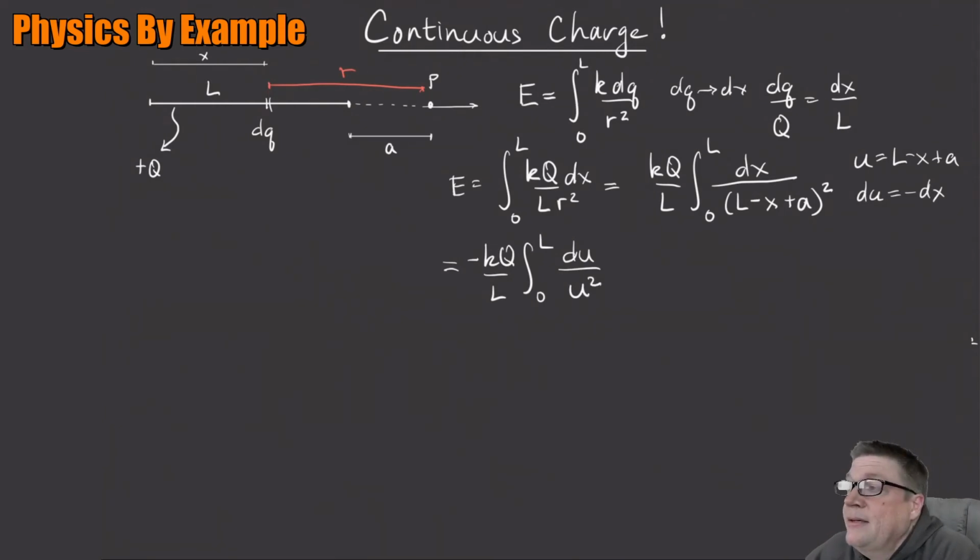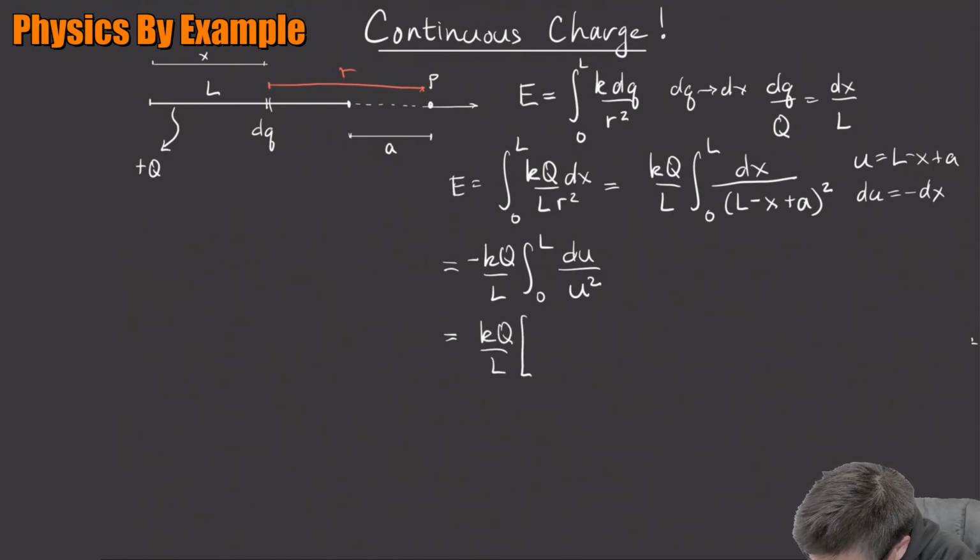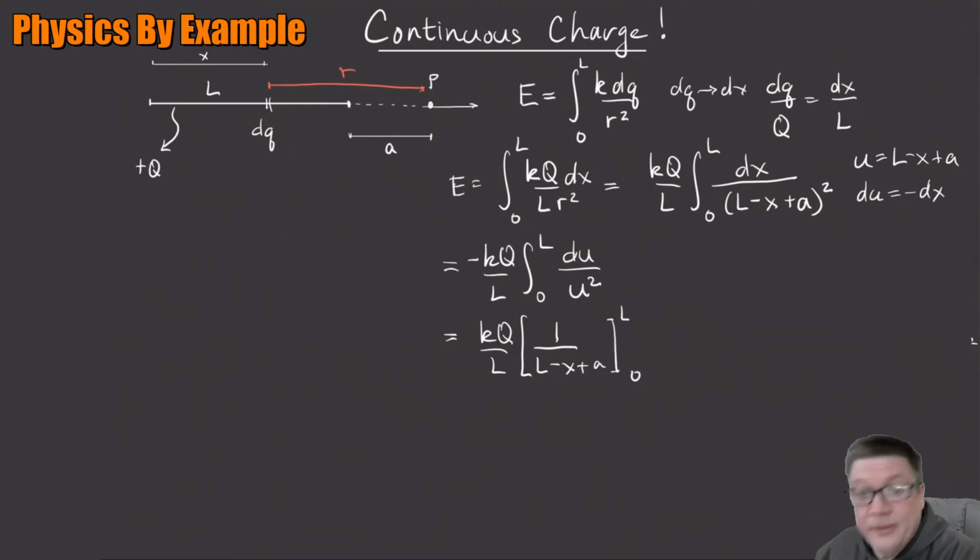Okay, no problem. So that's u to the minus 2. What's the integral of u to the minus 2? It's u to the minus 1 over minus 1. So it's minus 1 over u. Okay, so the minus signs cancel, kQ over L times 1 over, now let's plug this back in, L minus X plus A, 0 to L. There we go.